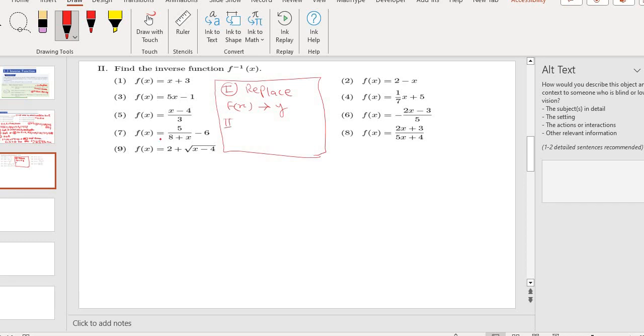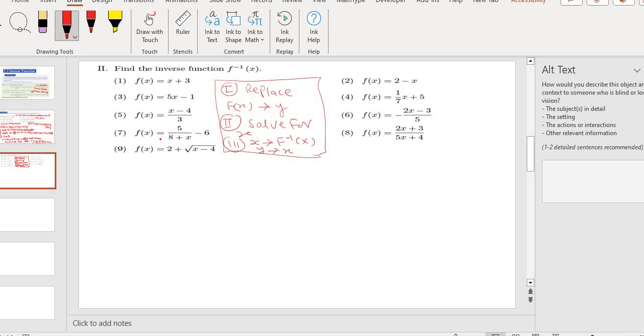Second step is solve for x. Third step is change x as f inverse of x and y as x. These are the main important steps for getting the inverse of the function.